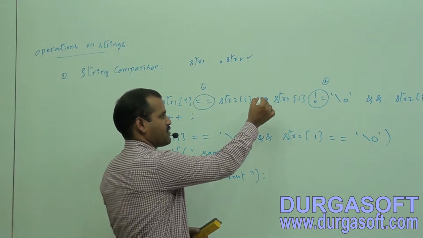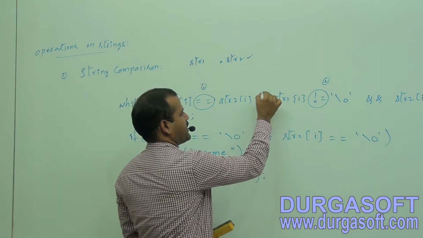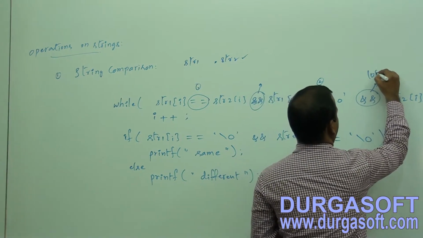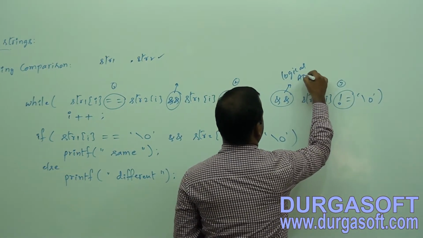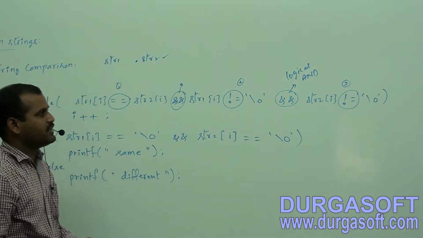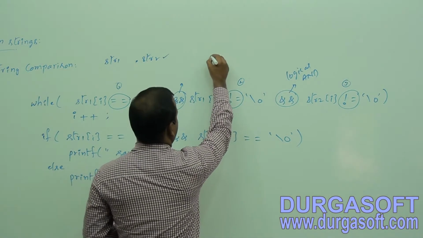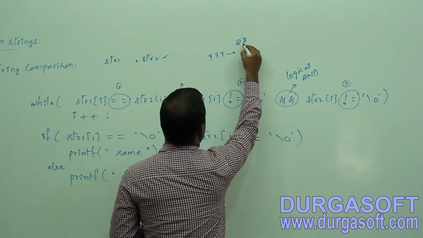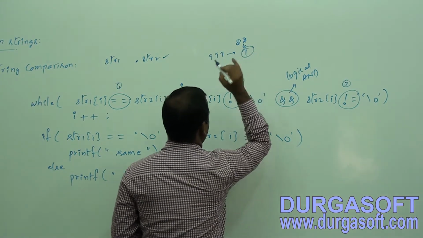And along with these three, we have two logical AND operators. We know the operation of logical AND: if all the conditions are true, the logical AND result will be true.